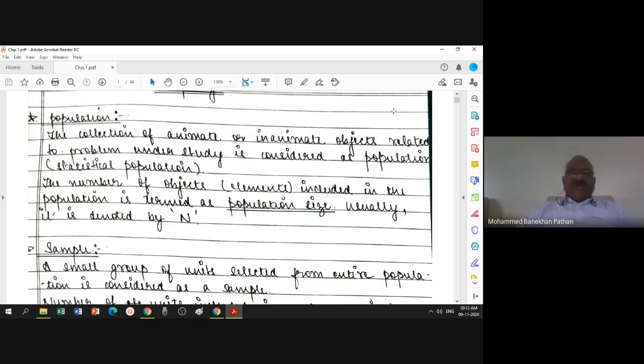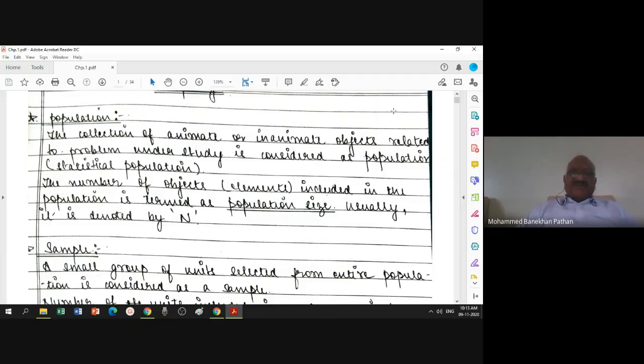That is why the element under study for sociology is a human being. Under sociology, we study all different types of concepts, problems, traditions, cultures, marriages. All these human related problems are studied by sociology. That is why they define population as a collection of people.